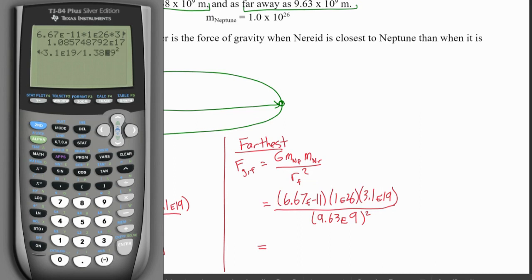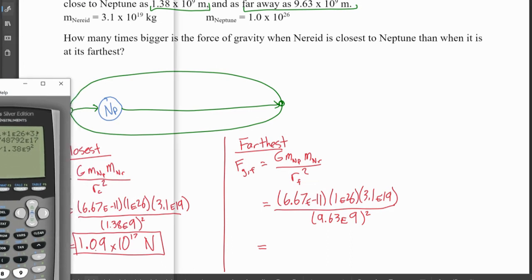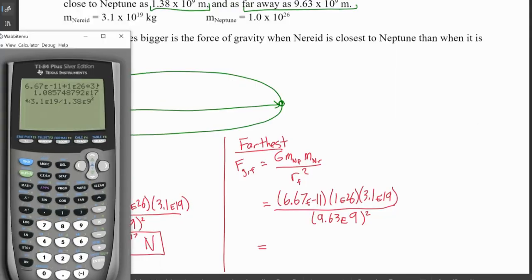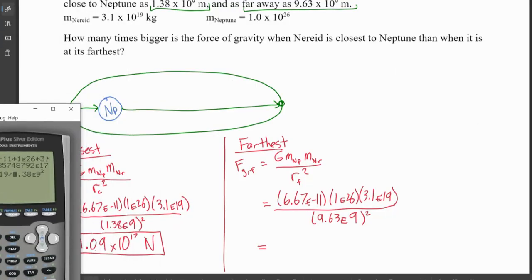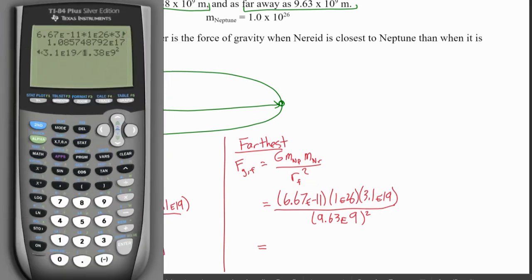Instead of this 1.38 times 10 to the 9th, which is the only thing that's changed, it's now 9.63, still times 10 to the 9th.